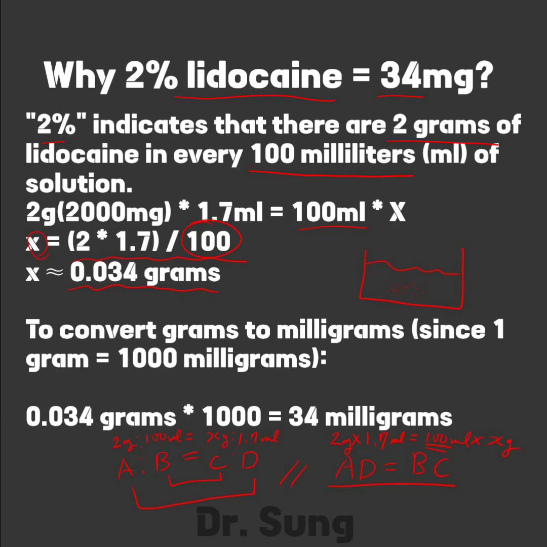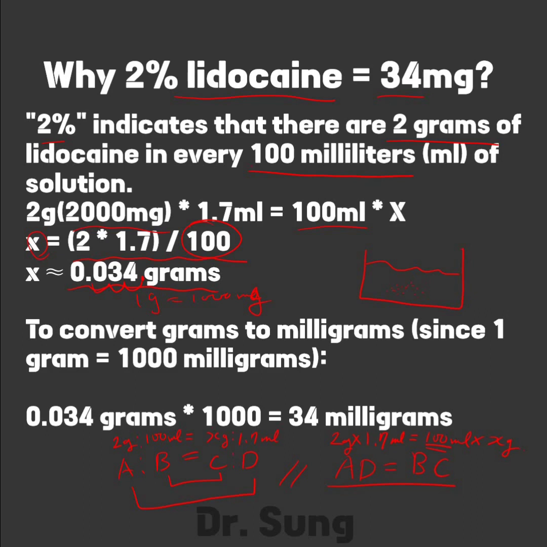So it becomes 0.034 gram. But as I mentioned here, 1 gram is 1000 milligram. So 1, 2, 3, the dot comes here, then it becomes 34 milligram finally. Woohoo!